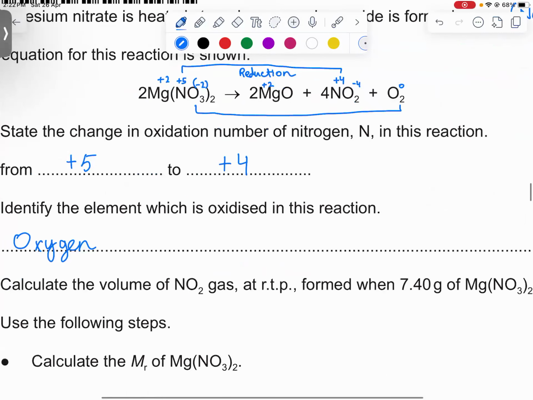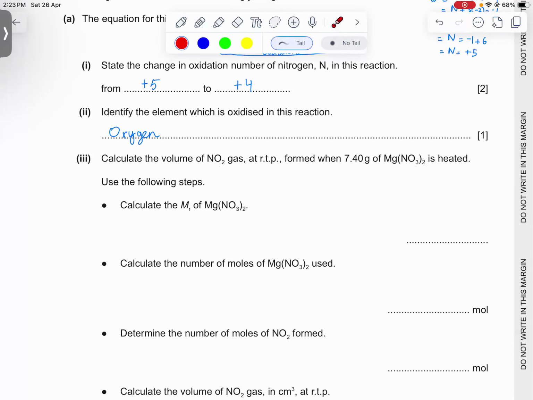But oxygen and hydrogen can themselves also get oxidized or reduced, because the term oxidation or reduction is referred to by 4 different definitions. If any of those definitions satisfy a situation, then that situation is either oxidation or reduction, depending on which definition it satisfied. So for now, the definition that it satisfied is the oxidation state increased.